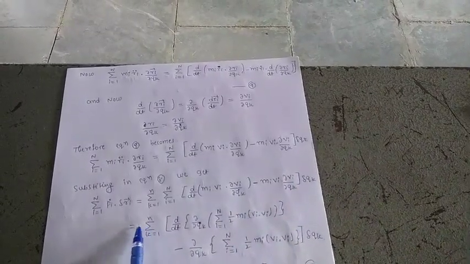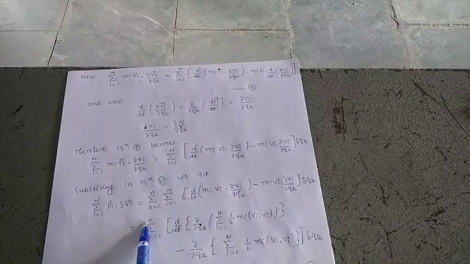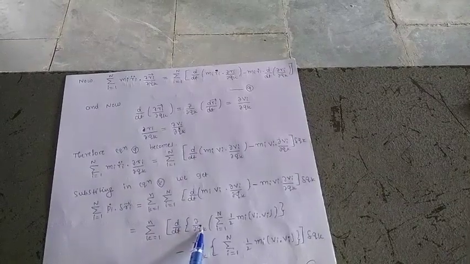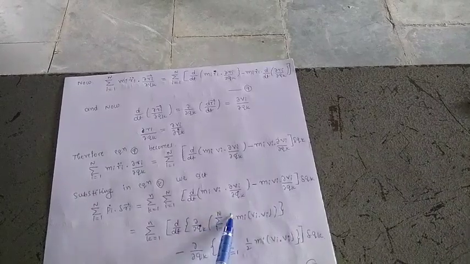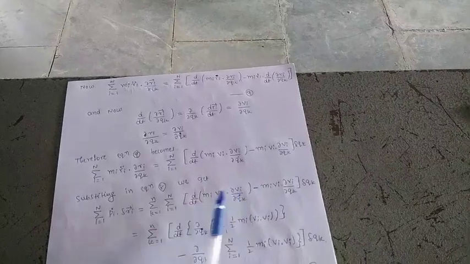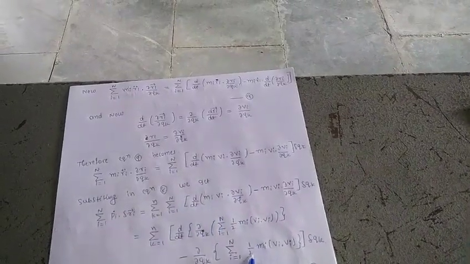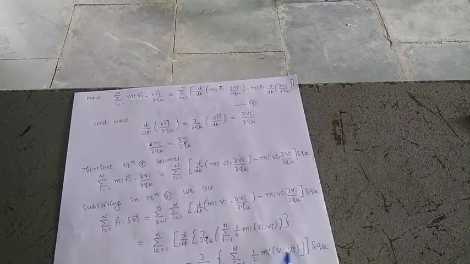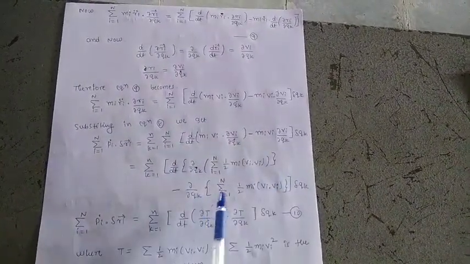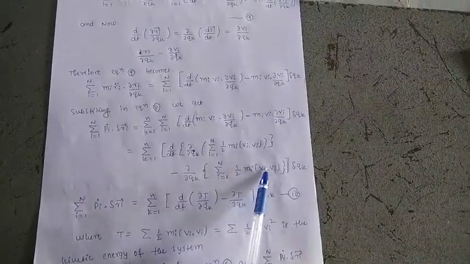And this equation can be written as summation k = 1 to n, taking outside the bracket, d by dt of ∂/∂qk dot of summation i = 1 to n of 1/2 mi Vi into Vi, that is 1/2 mi Vi square, minus ∂/∂qk of summation i = 1 to n of 1/2 mi Vi into Vi.